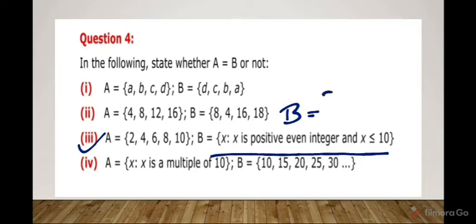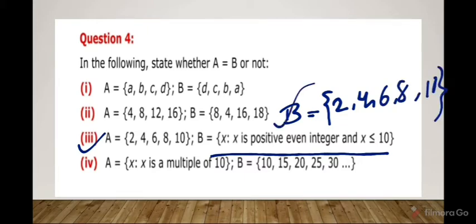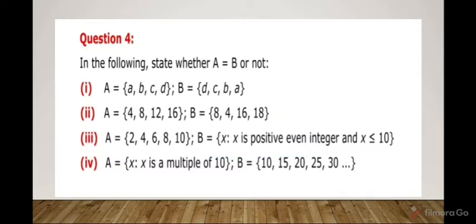They will be 2, 4, 6, 8 and 10. Now look at this roster form and this set A. As you can see, both of the sets are the same. That's why in part number 3, A will be equal to B.